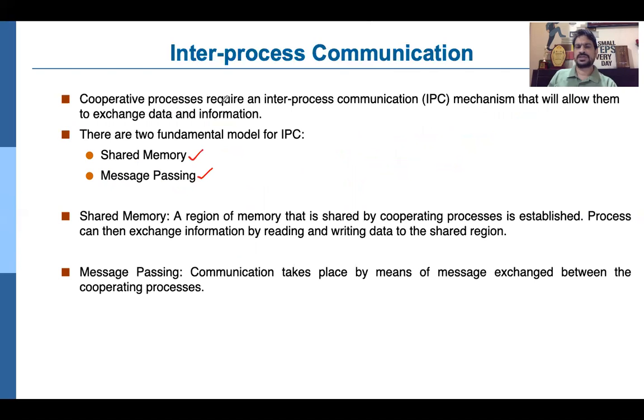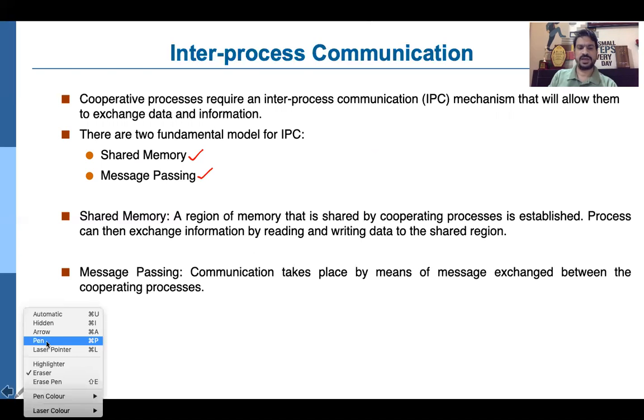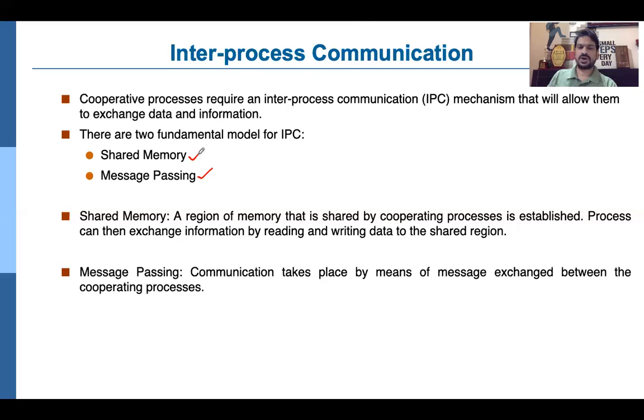The cooperative processes require an inter-process communication mechanism that will allow them to exchange data and information with each other. With the help of the shared memory concept, we can do the communication, or with the help of the message passing technique, we can do the communication between two cooperative processes.